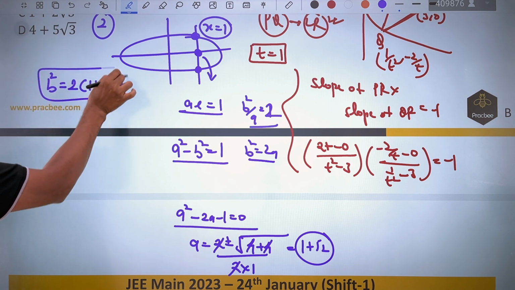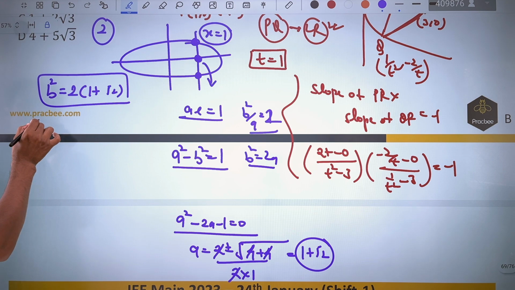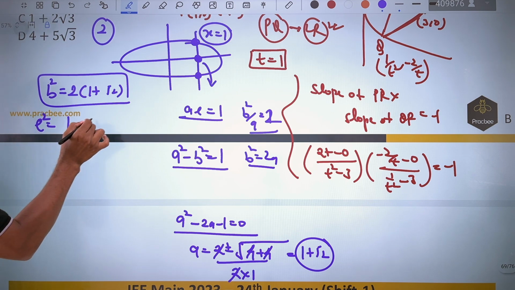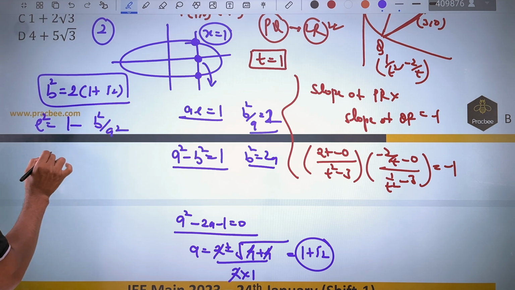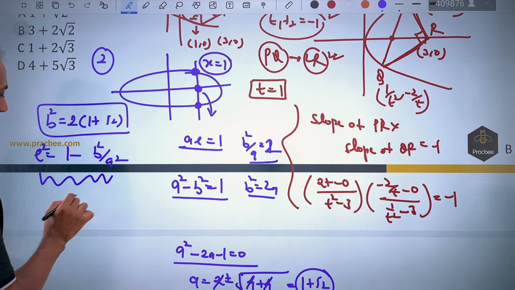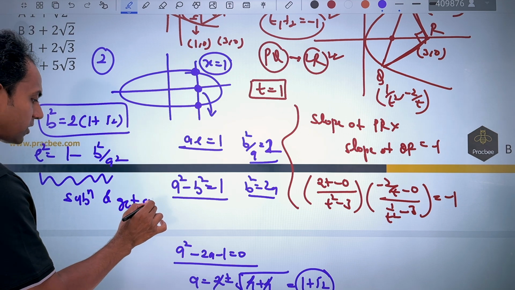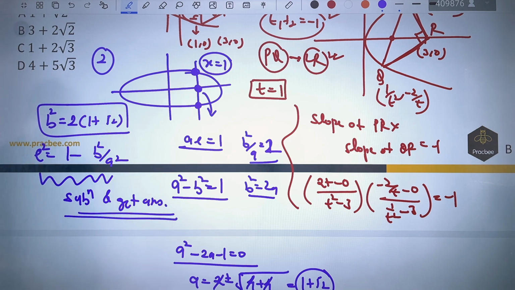So we have also figured out the value of b square. Now what they are asking from us is nothing but eccentricity. So e square will become 1 minus b square by a square. Substitute the value and get the answer. Also check my calculation if I have made any kind of mistake anywhere.